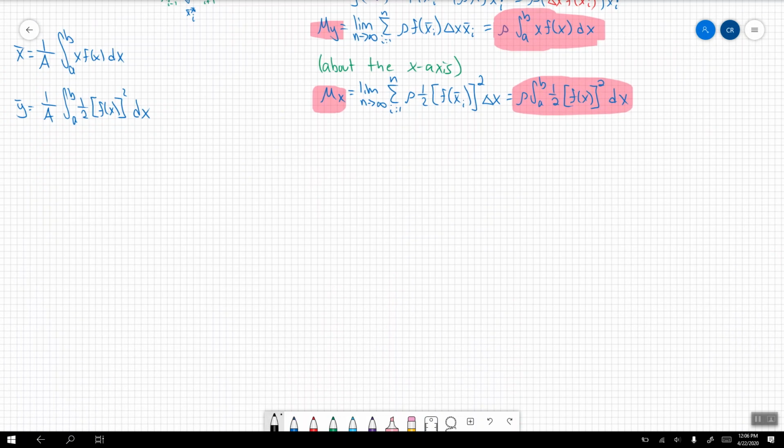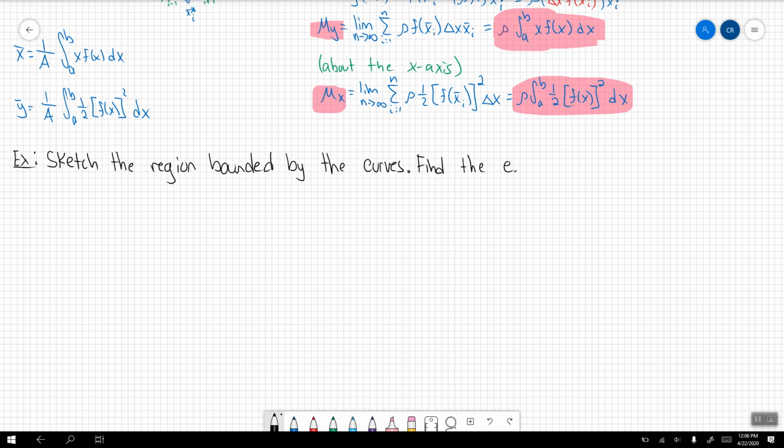So let's go through an example and let's look at this. We want to sketch the region bounded by the curves, and we want to find the exact coordinates of the centroid.